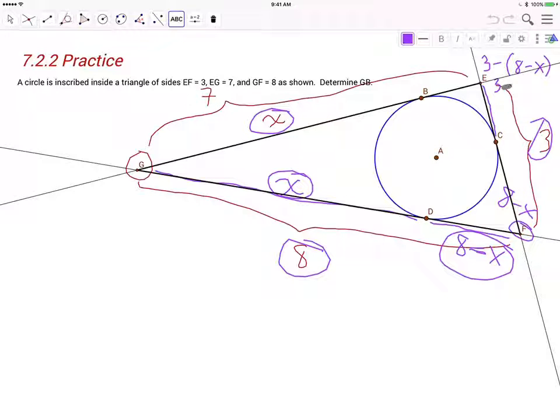So this is 3 minus 8 plus X, just to simplify things a little bit, or negative 5 plus X.